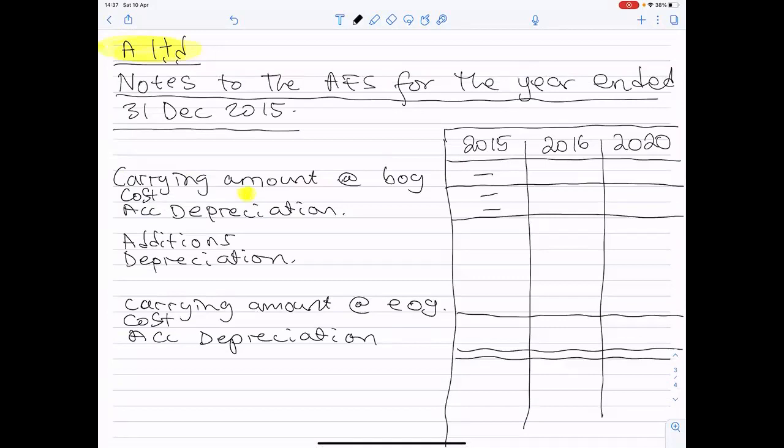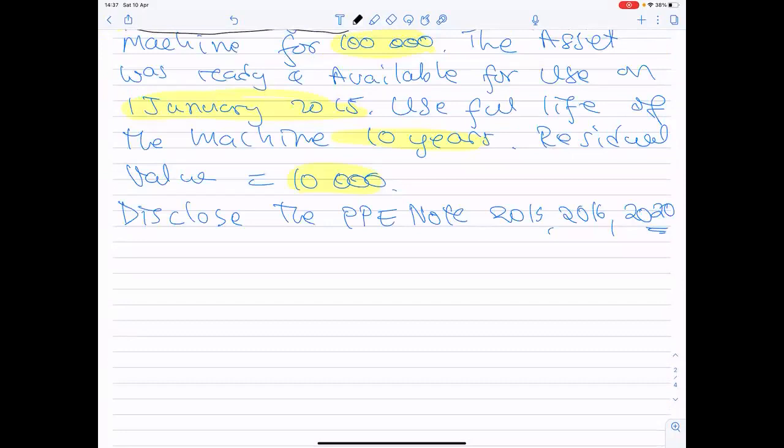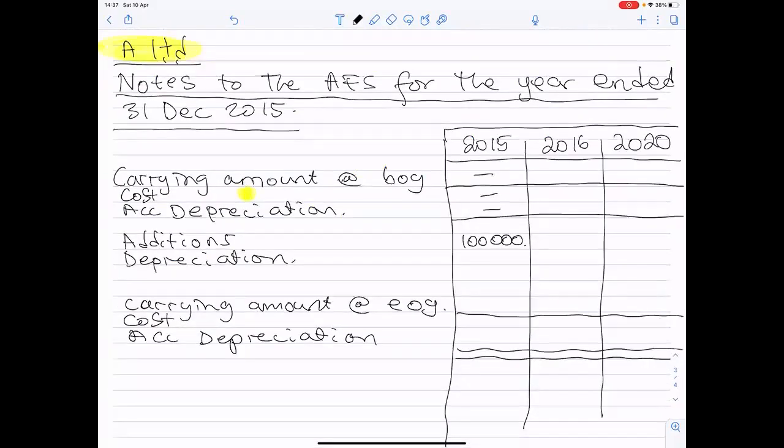So all additions are additions that were added during the current year. We have an addition of 100,000, which was the cost of the asset that was bought in the current year. So what we put there are the movements during the year.